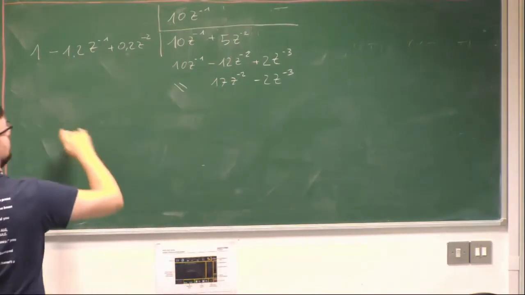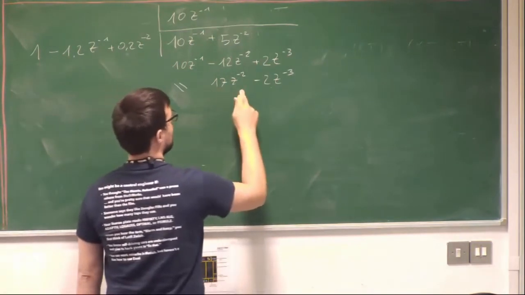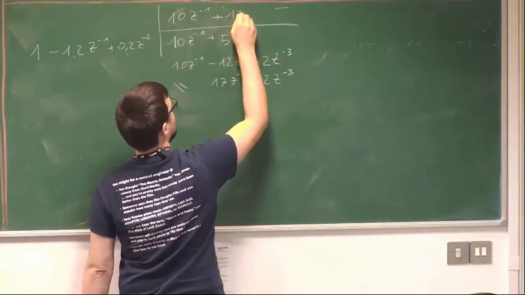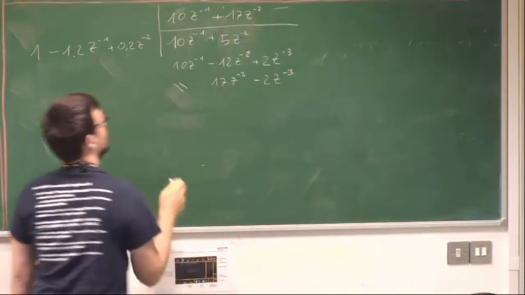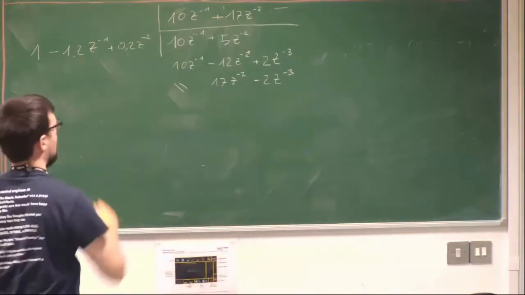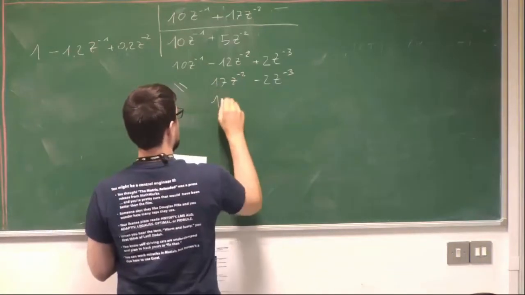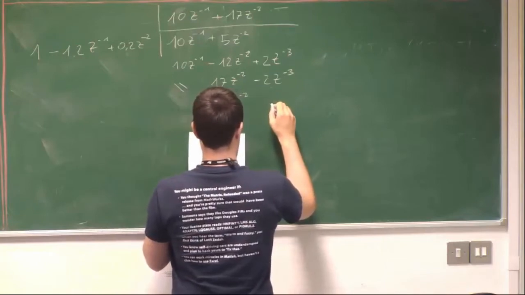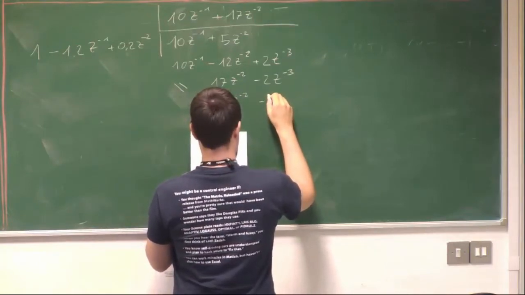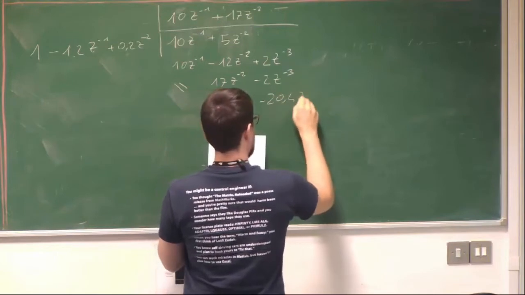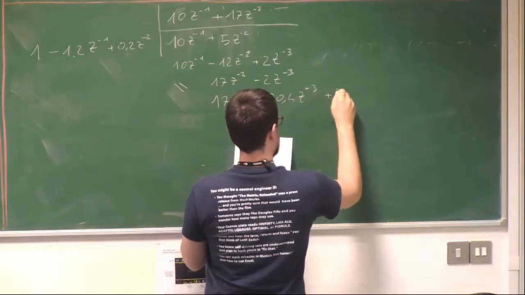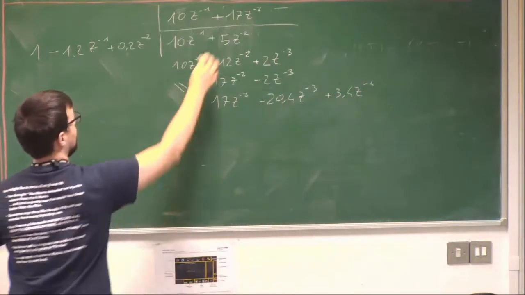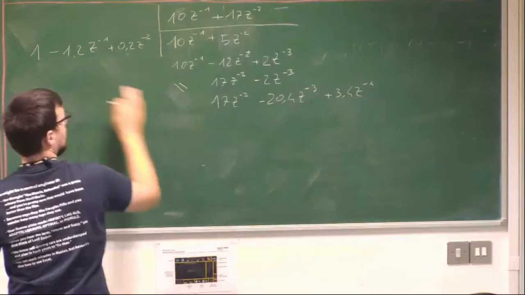Now the next step is to divide this polynomial by this polynomial, and the 17z^-2 divided by 1 gives plus 17z^-2. Then we multiply this term by the polynomial, and we get 17z^-2, then minus 20.4z^-3, and plus 3.4z^-4.